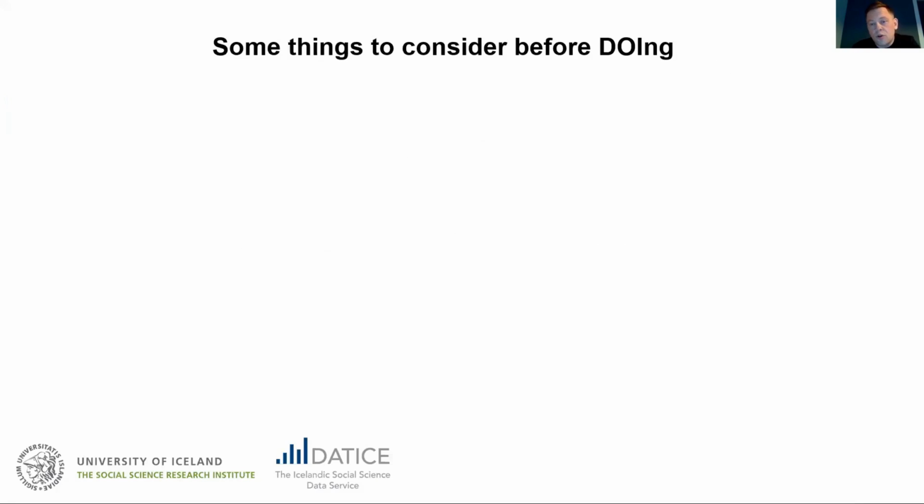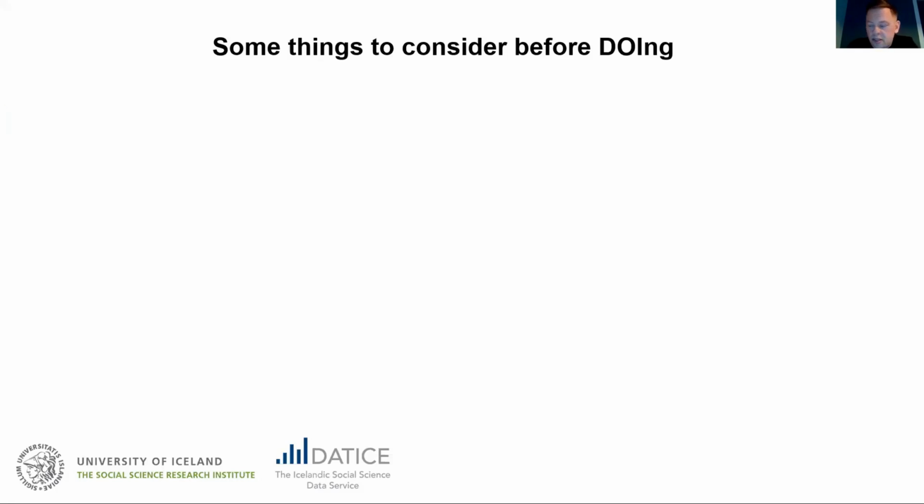And of course, by using DATICE, as Andreas talked about earlier, this seems to raise the level of machine actionability. There's something good happening within DATICE, I guess, and it's a very nice platform.